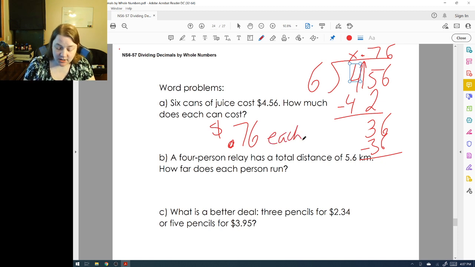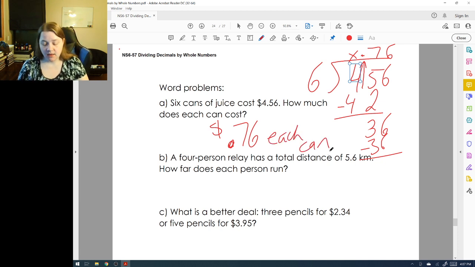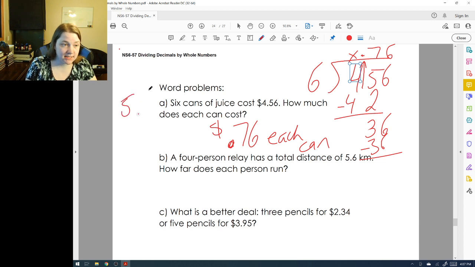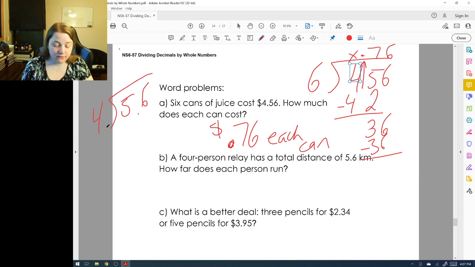That's for each can. A four-person relay has a total distance of 5.6 kilometers. How far would one person have to run? Well, let's divide 56 by 4. 4 goes into 5 one time. 1 times 4 leaves me with a remainder of leftover of 1.